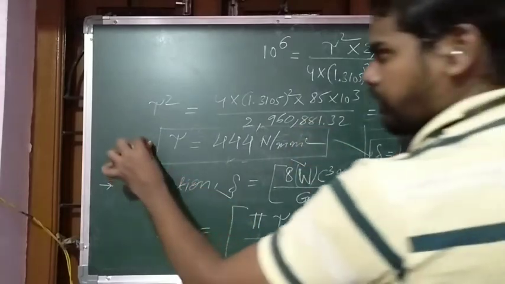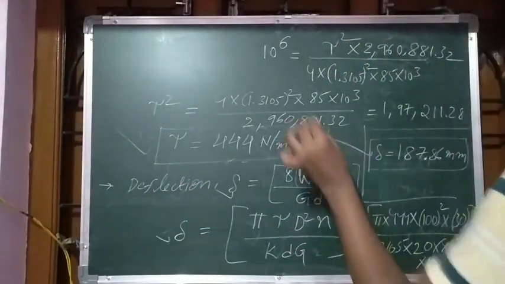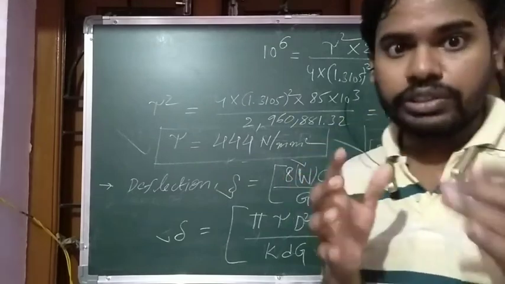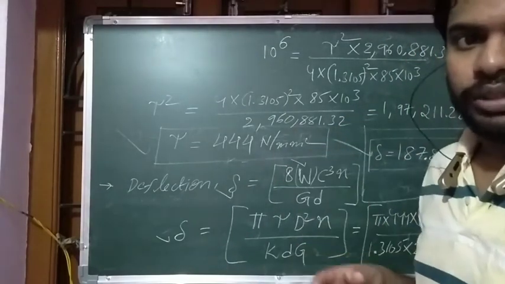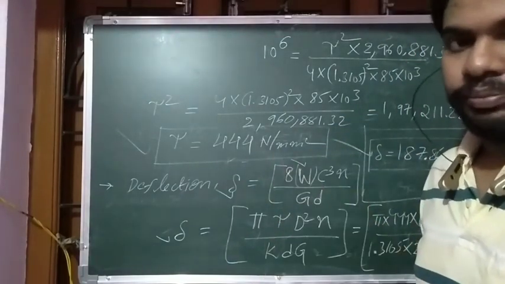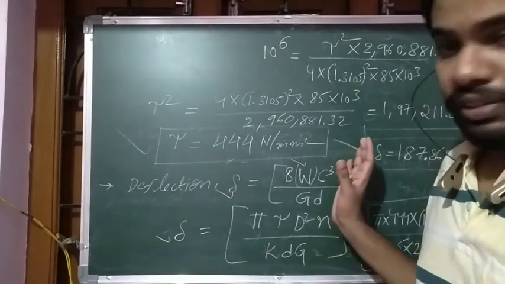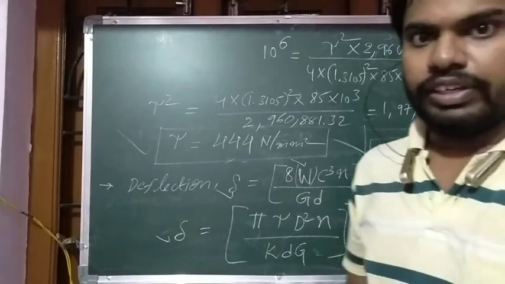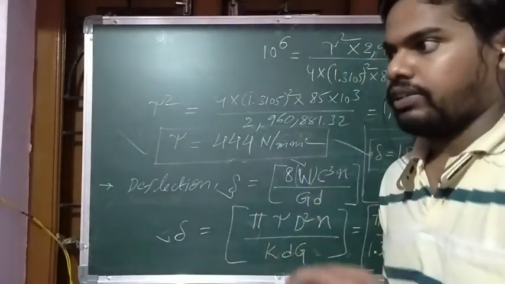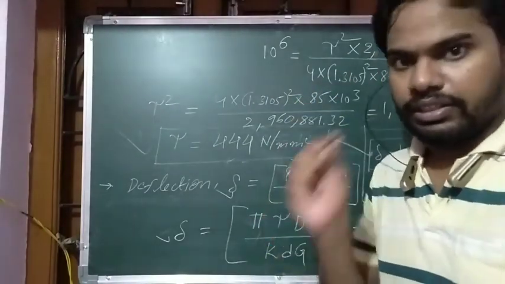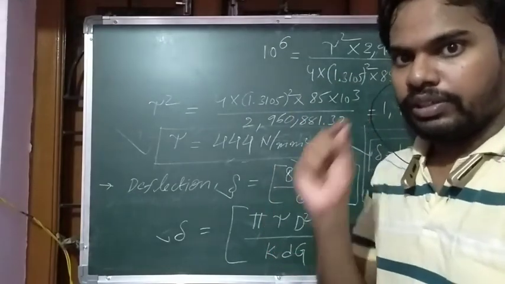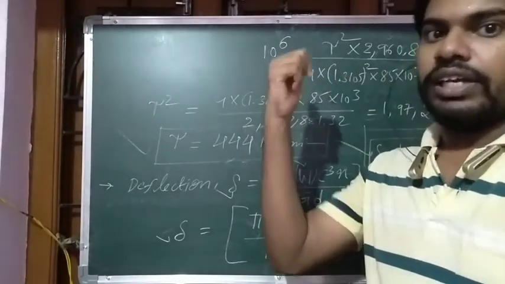So now we have the maximum shear stress and the deflection, and this is the procedure to calculate model 2 type problems, the energy storage capacity of a helical spring. Whenever we observe a Newton meter term in a spring problem, it is related to energy storage capacity.